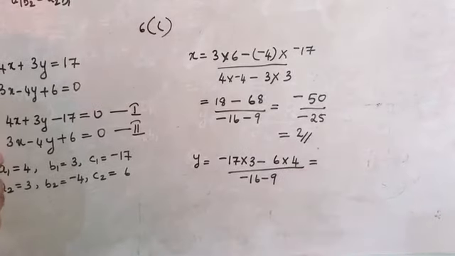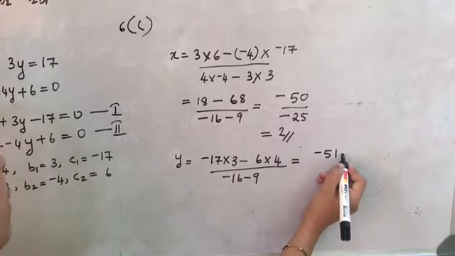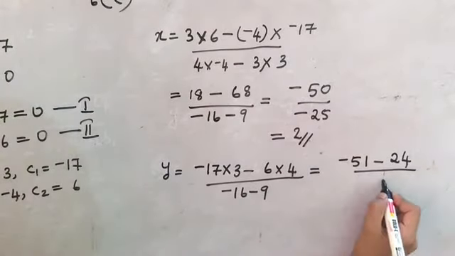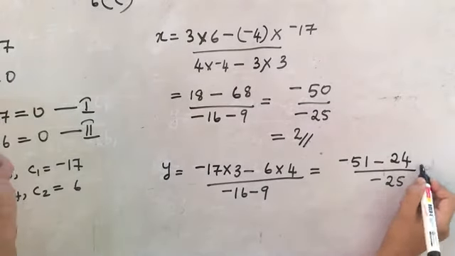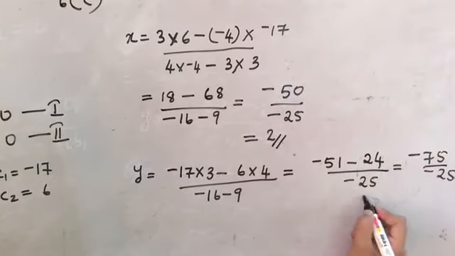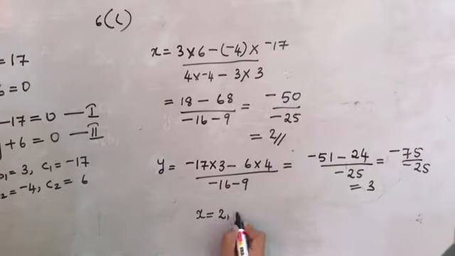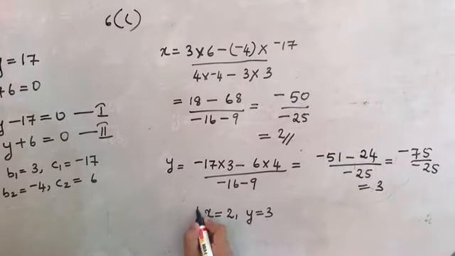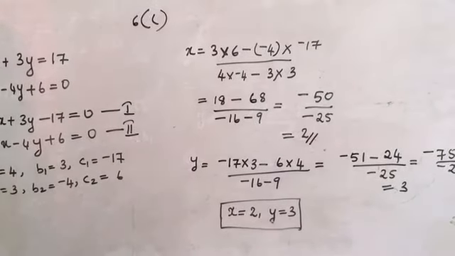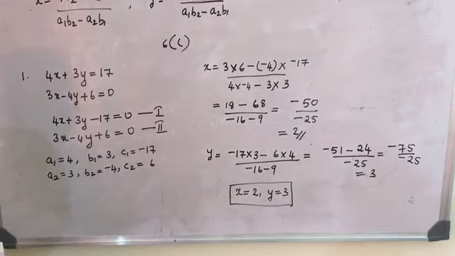That is minus 17 into 3 is minus 51 minus 24 by minus 25. That is equal to minus 75 by minus 25 equals 3. So you get the value of x is equal to 2 and the value of y is equal to 3. This is a direct method of solving the simultaneous equations using cross multiplication. A formula is given to you, and using that, you directly substitute and find the value of x and y.